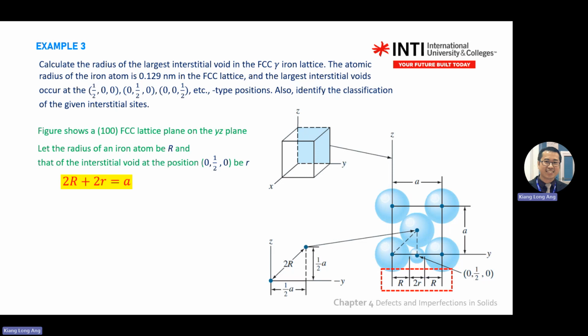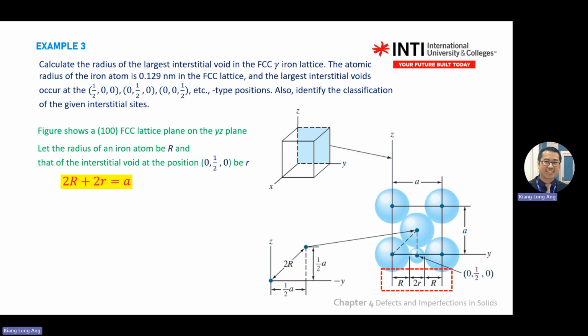Your a will equal 2R plus 2 small r. Makes sense, right? Who doesn't understand why suddenly 2R plus 2 small r equals a?